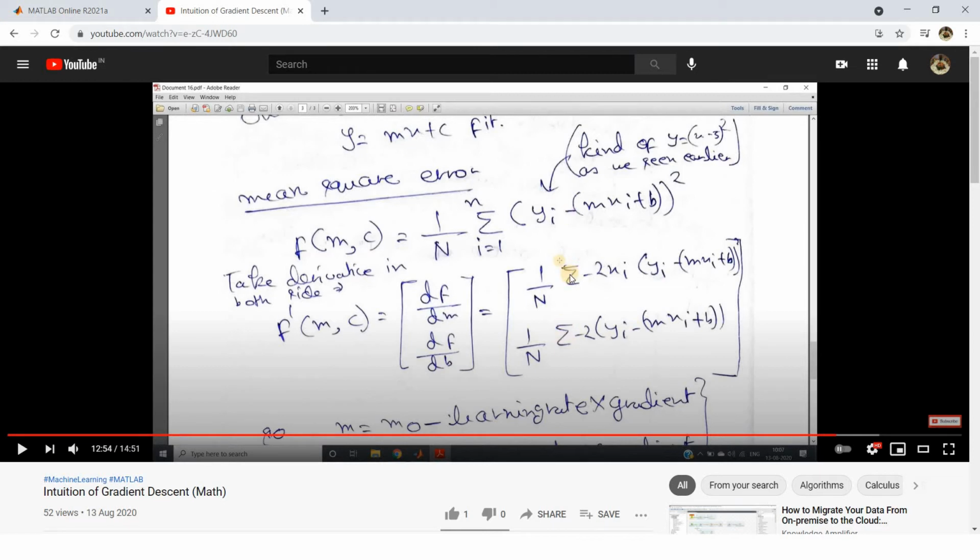Now life is good with these expressions until we encounter big data. Suppose the data volume goes very high. To update the slope and intercept values m and b, or m and c if we take the equation as mx plus c, for updating one single time we have to compute for all the data.